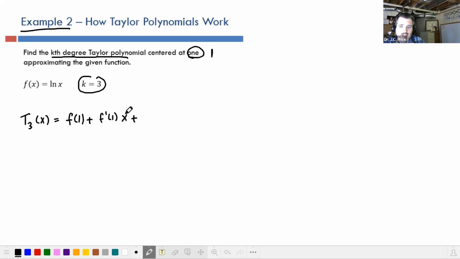Then times x, plus the second derivative, ooh, you gotta be careful, not times x, it's centered at 1, so x minus 1, and then plus the second derivative evaluated at 1, divided by 2 factorial, and then that's x minus 1 quantity squared, and then plus, we need one more because we need the 3rd degree, so we take the 3rd derivative of f evaluated at 1, and then divided by 3 factorial, and then that's x minus 1 quantity cubed.